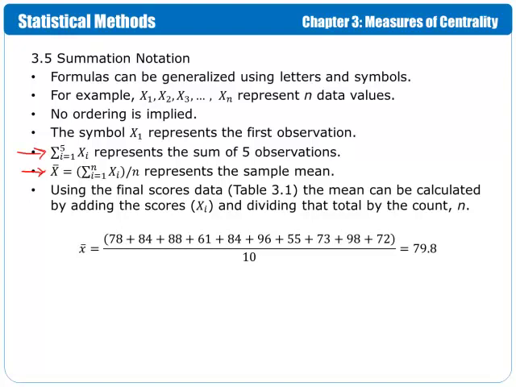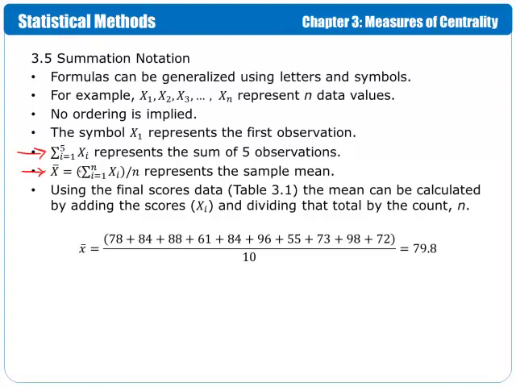So x bar, the sample mean, then becomes the summation of all of our observations from 1 to n, so our n observations, whatever that total is, divided by n, which is the number of observations or the count. So that formula right there represents the sample mean. We could have written it out as add up all the observations and divide that total by the count of the observations, but that takes up a lot more space.